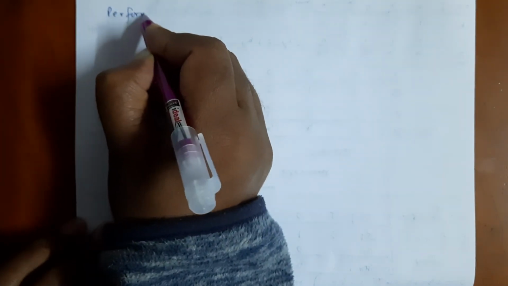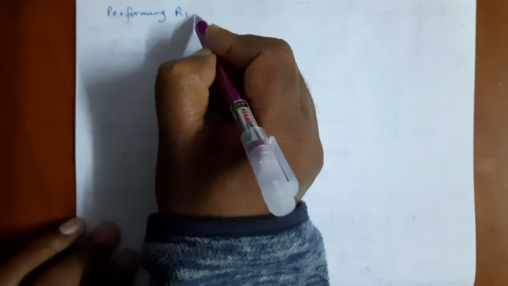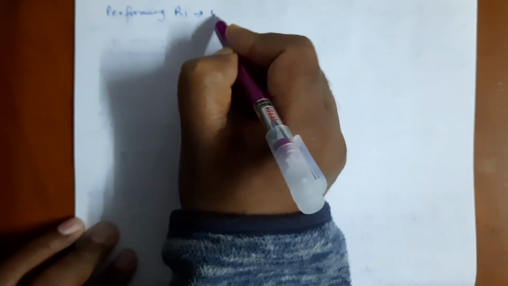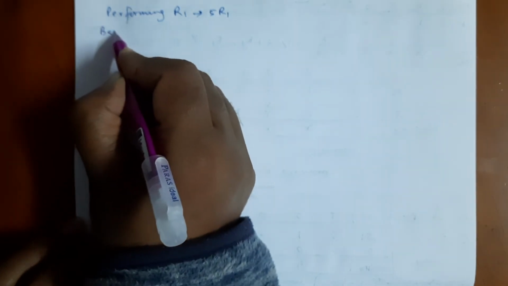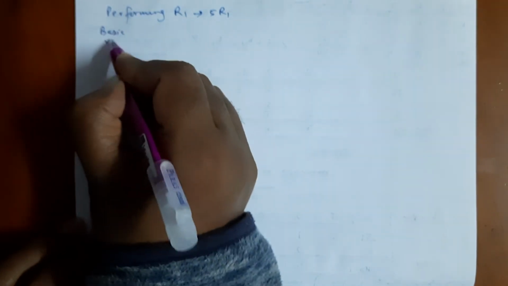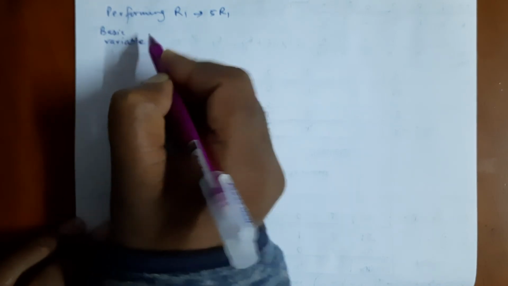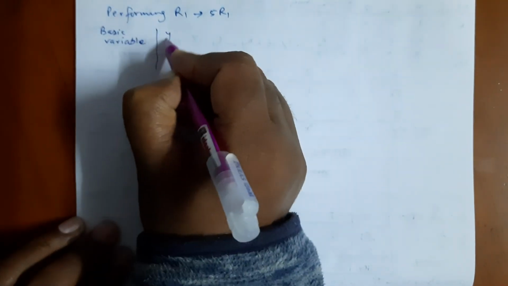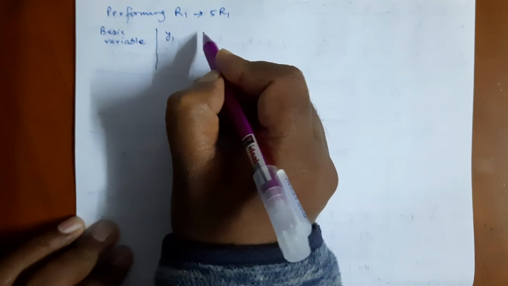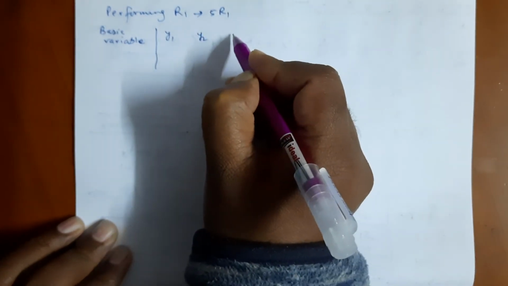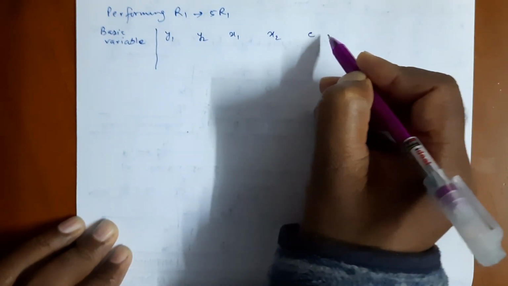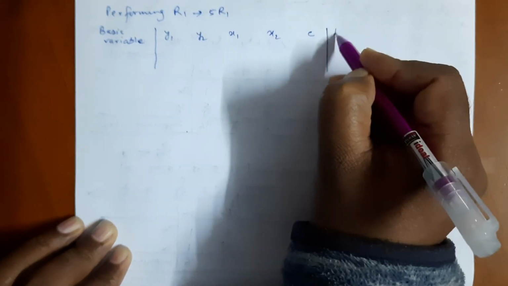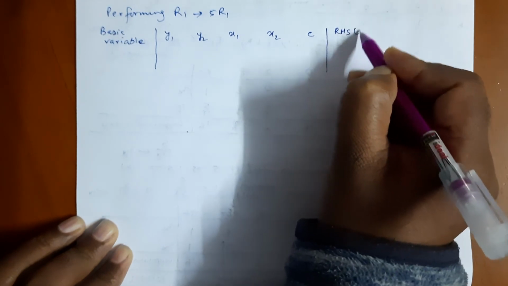Now performing R1, 5 times R1. Now like before, we write the basic variables y1, y2, x1, x2, c, and RHS b.